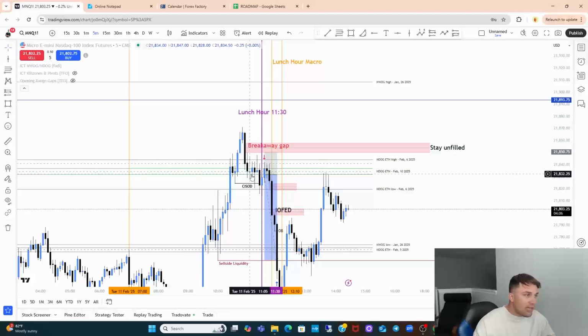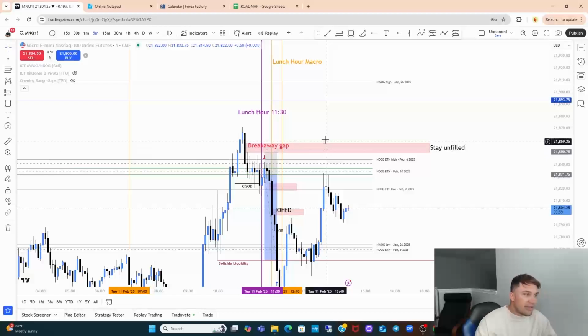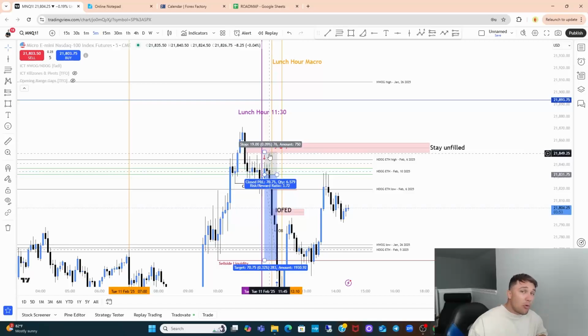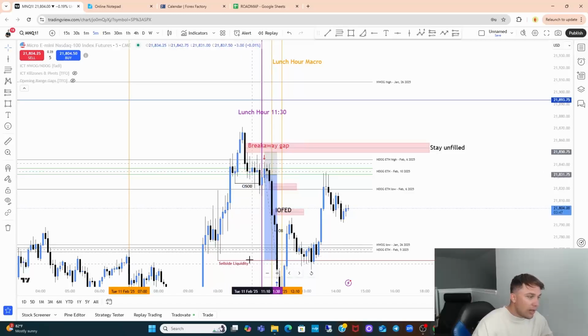If price trades away from this insufficiency, we leave this as a breakaway gap. This then tells us the algorithm wants to deliver strong sell side. So this gives us more confluence that the sell side delivery is then going to happen where we expect it to, at those sell stops.